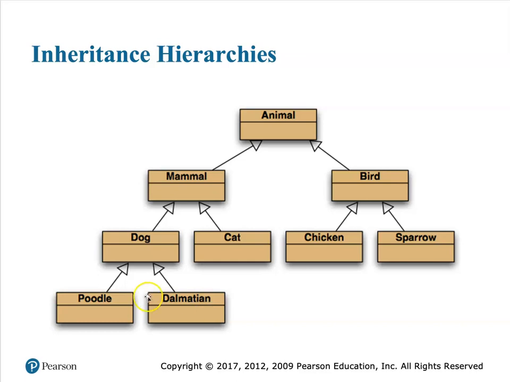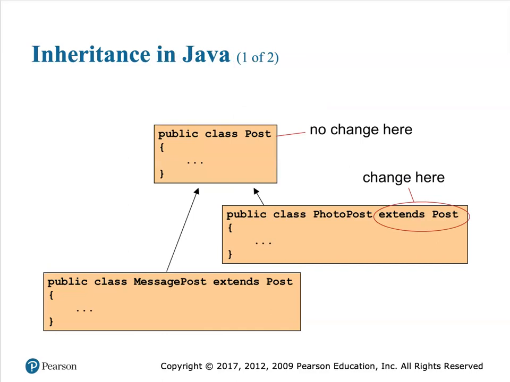But let's return to our subclasses and our superclass, our post, message post, and photo post. In order to use inheritance in Java, we introduce a new keyword. So the post class is just a class like any other class that we have seen: public class post.